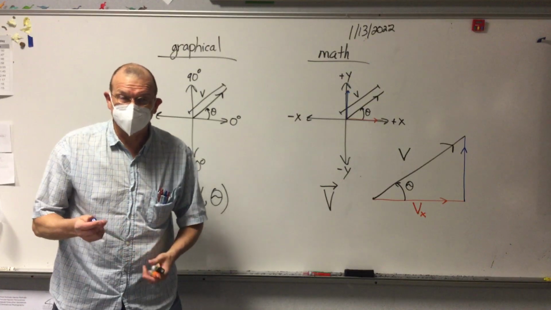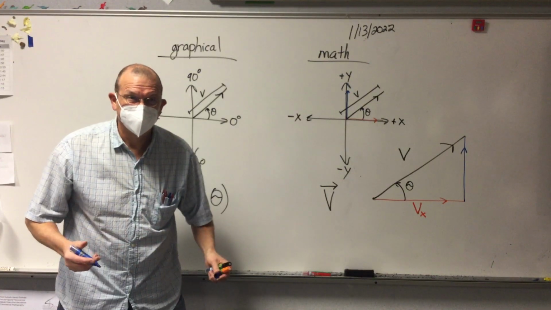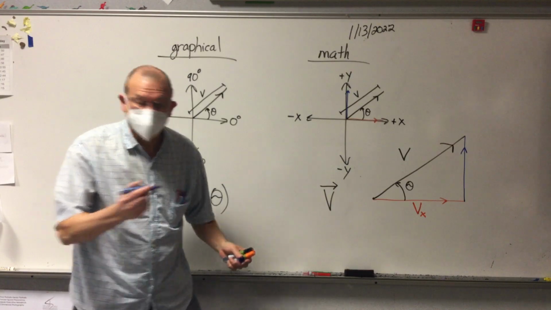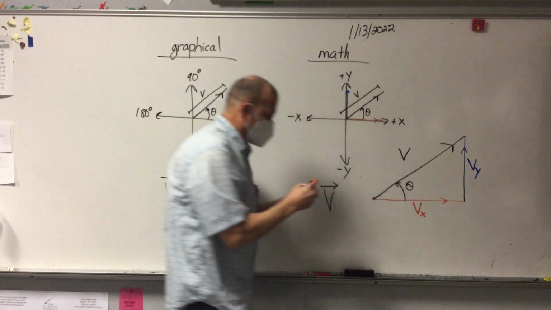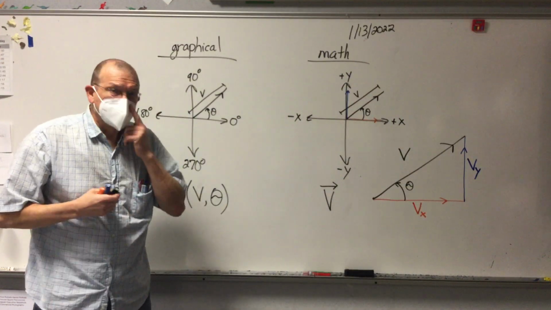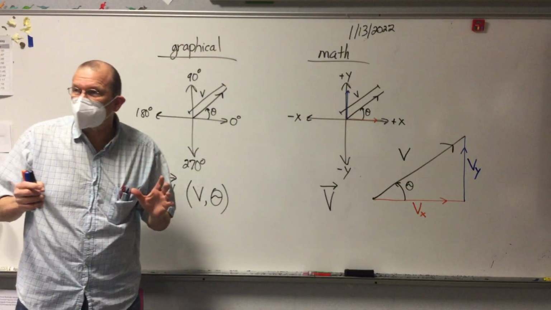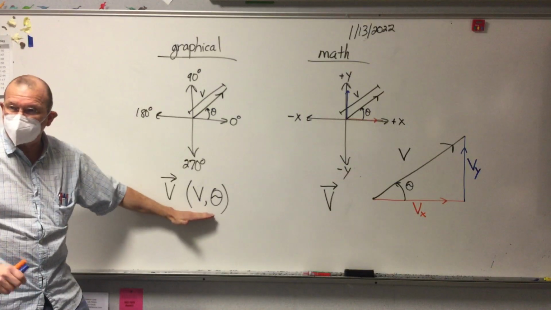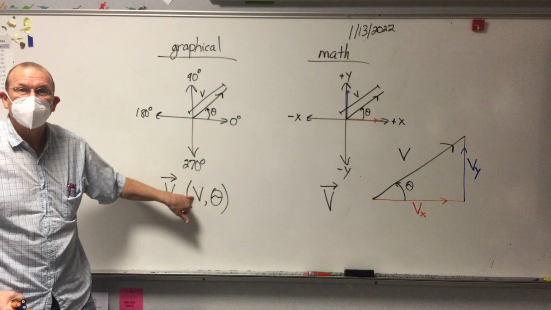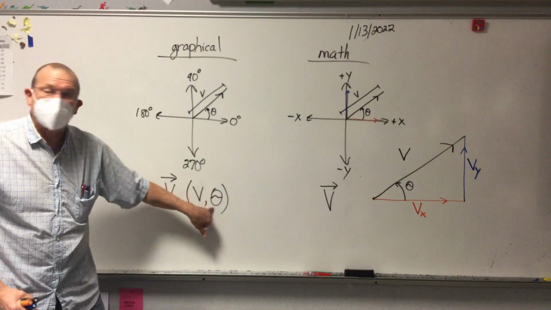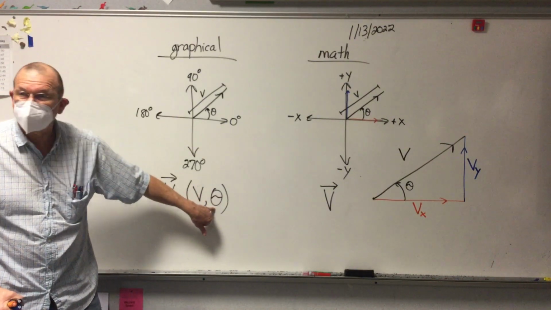Guess what the blue piece is called? V sub y. Now remember, when somebody gives you a vector, they are going to give you these two pieces of information, which means you will have a number for this V, and you will have a number for this theta.